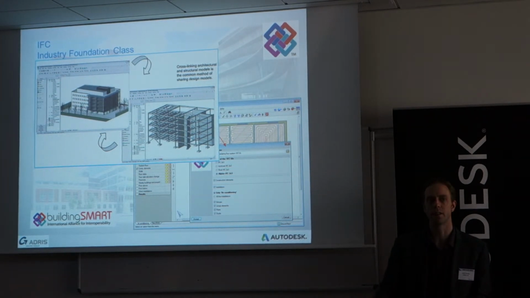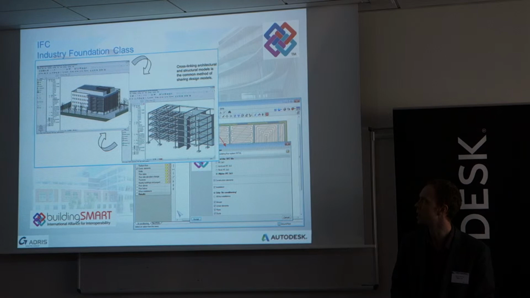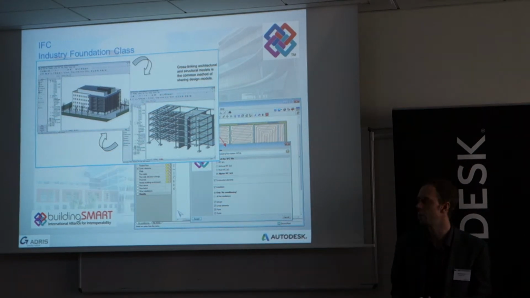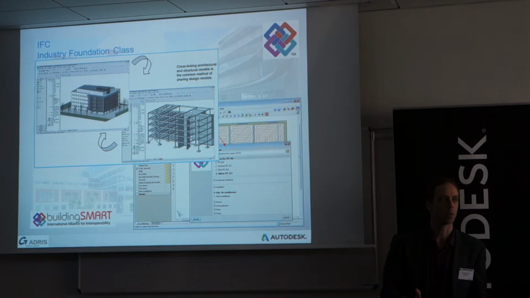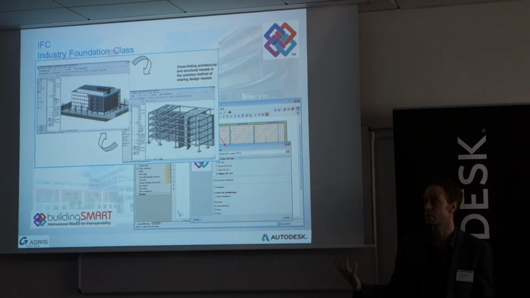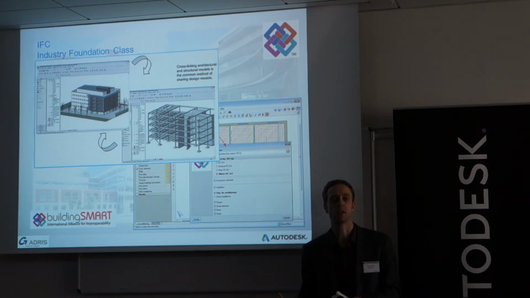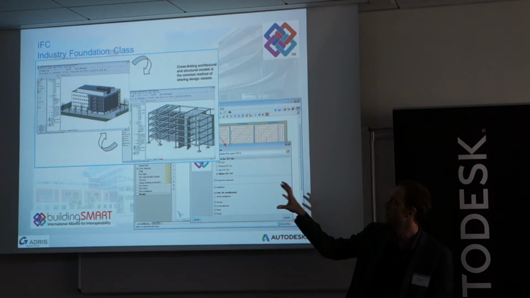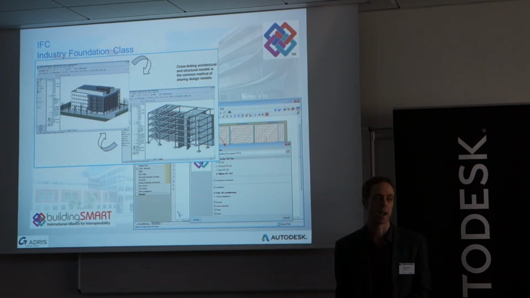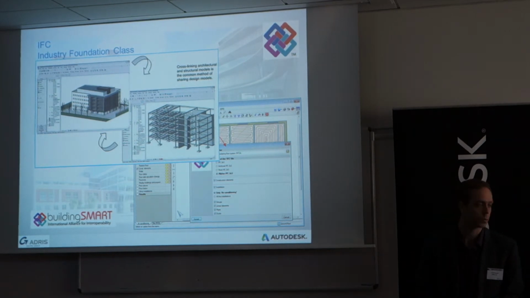Software manufacturers and vendors join Building Smart and they start using a system called IFC, Industry Foundation Class, which is a translation method between different software packages. So architects might be using one software package, say Autodesk. Structures might be done in, say, Tekla or something else. So to allow that sort of translation between those software packages, IFC can then be converted out. Everything can write IFC and everything can then read it as well.